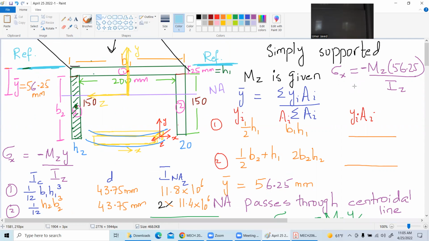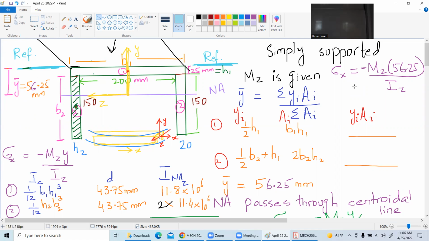The y is confusing. Sigma x equals minus Mz times y divided by Iz. So the y value we found, can we show it as positive or negative? It depends on the example. The neutral axis, the purple line, this is my z and my y is pointed upward.